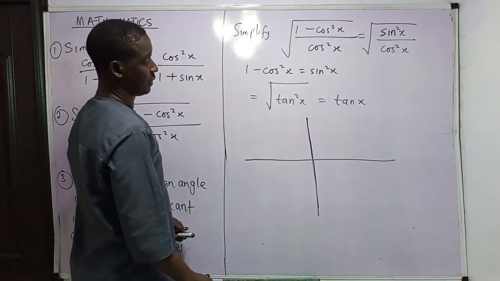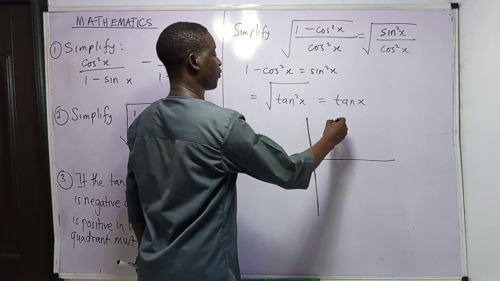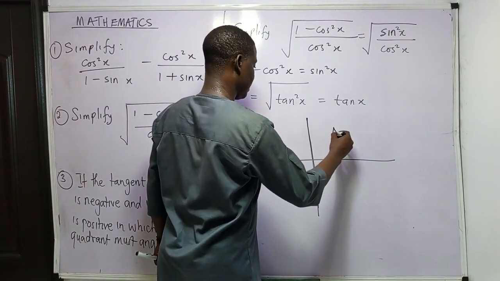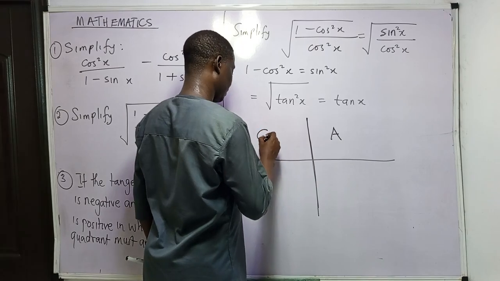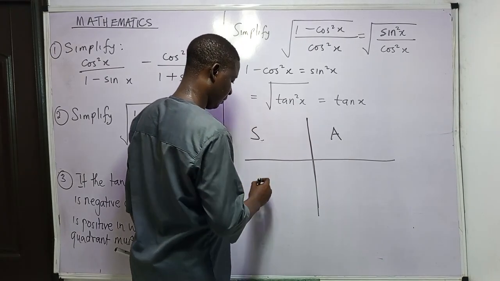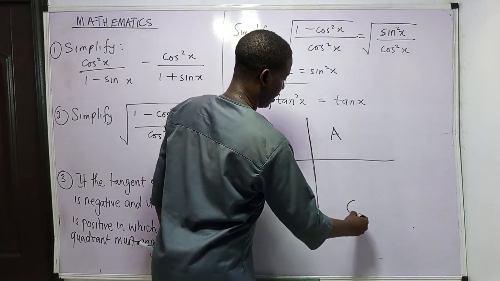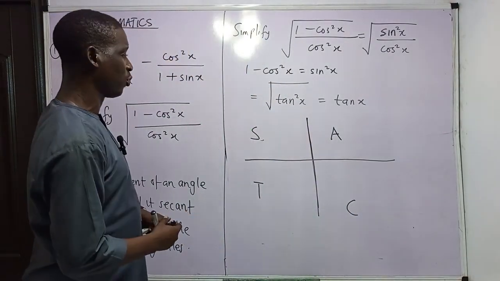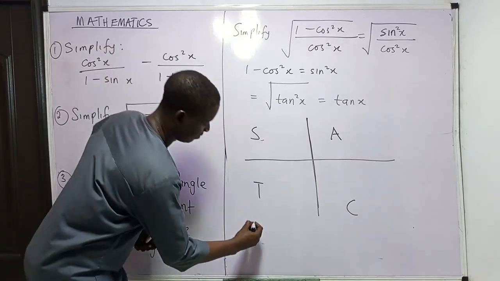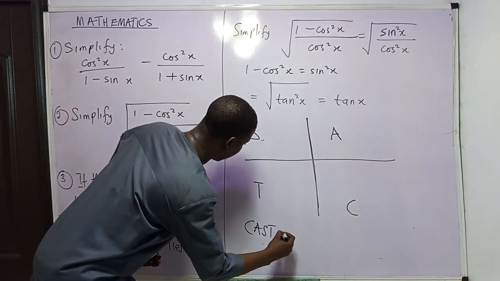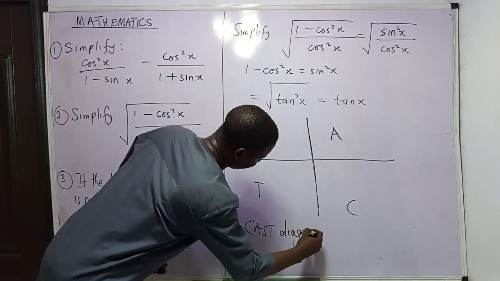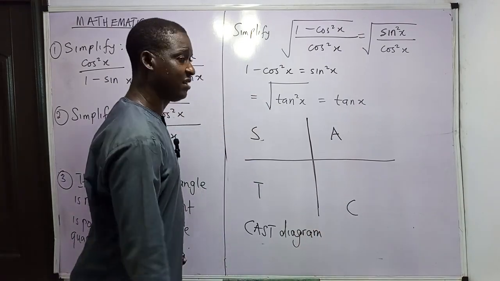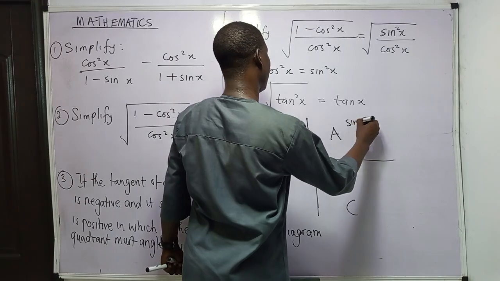Please, I want to explain something here. Now this is the first quadrant. This is A, S, T, C. We call it the CAST diagram. Why do we call it a CAST diagram? It means that sine is what?